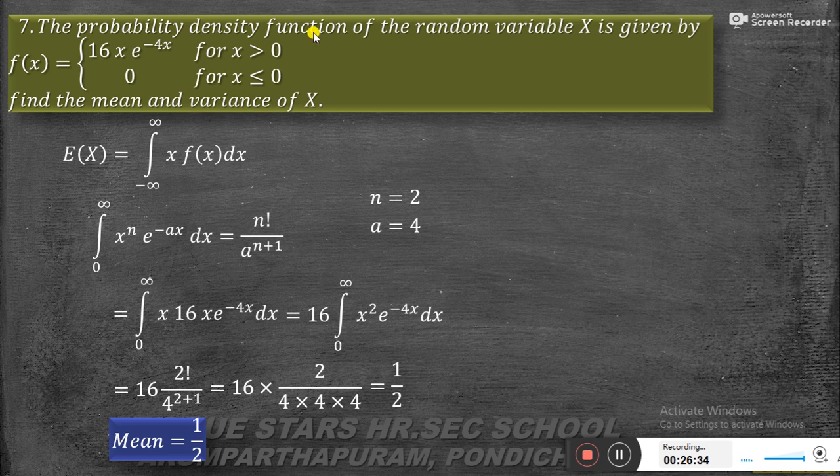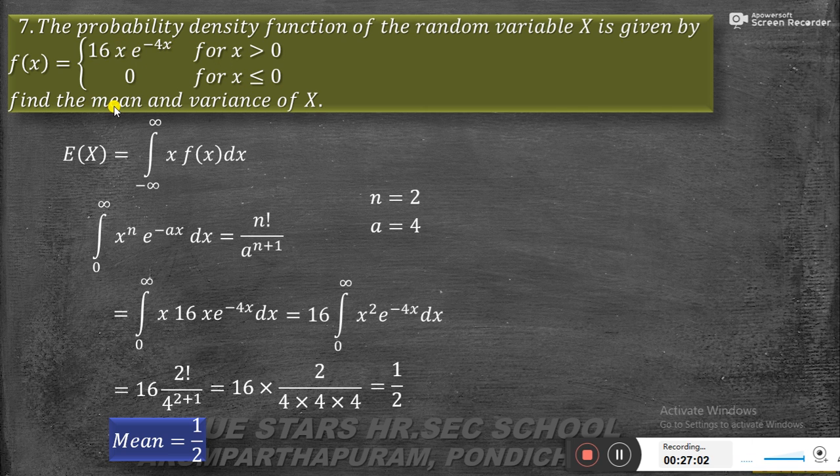For x less than or equal to 0, the integral from minus infinity to 0 is 0. From 0 to infinity, the function is 16x e power minus 4x.